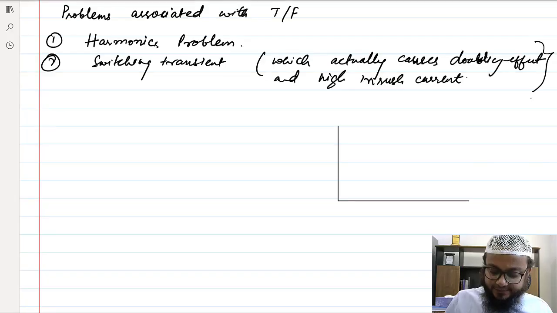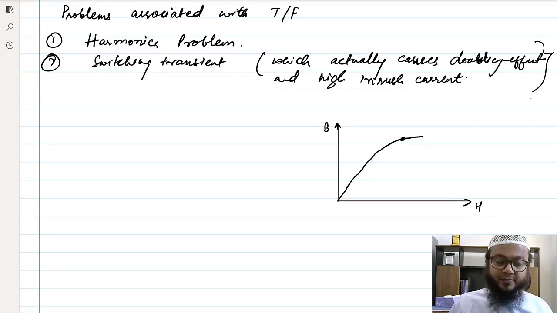And we have seen that the magnetizing current, since we operate the transformer, if you see the BH characteristic of the transformer, so this is, let's say, B and this is H. So generally we operate at the knee point of the transformer. Beyond that the core gets saturated, right?